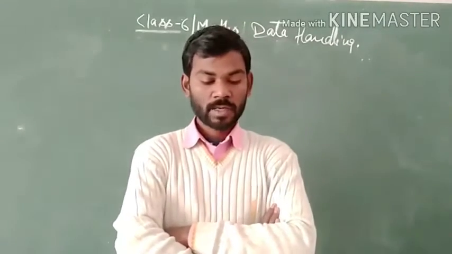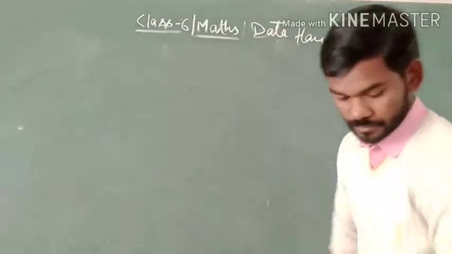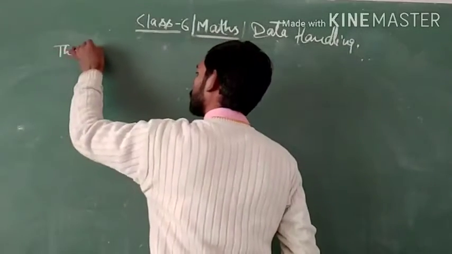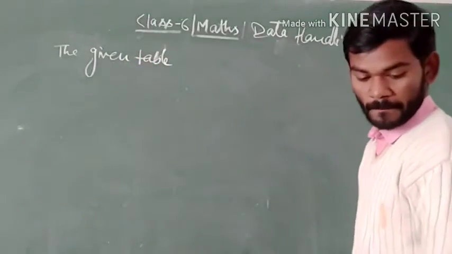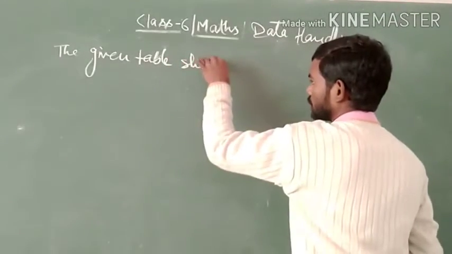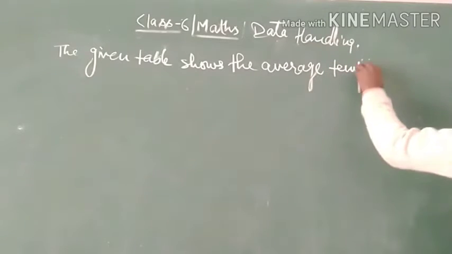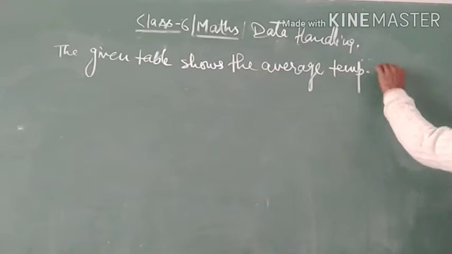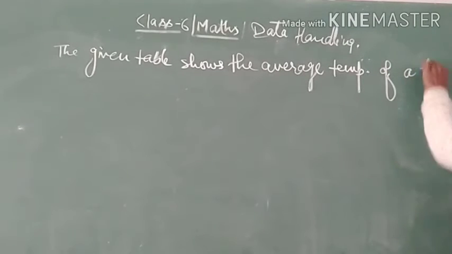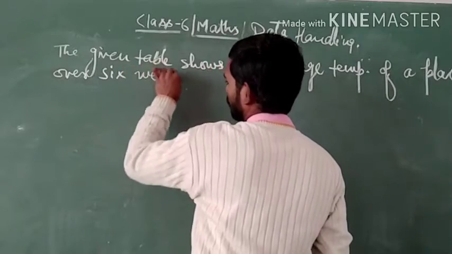So let's start with a question. The first question is, the given table shows the average temperature of a place over 6 weeks.